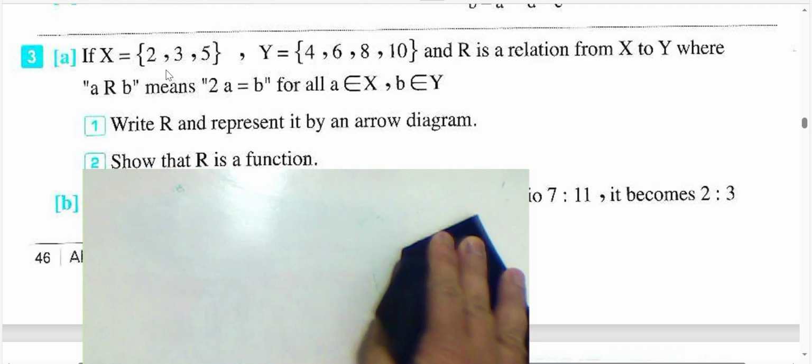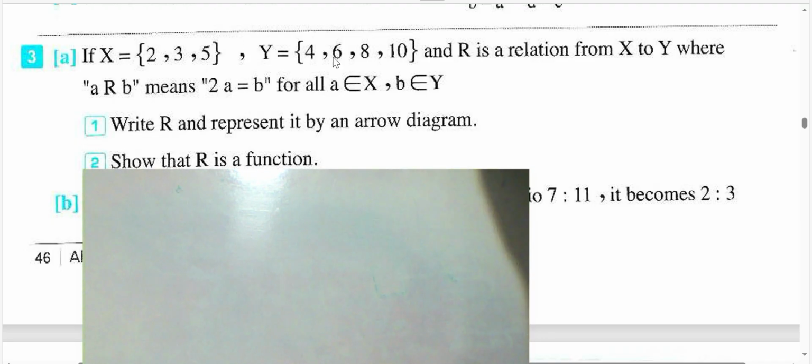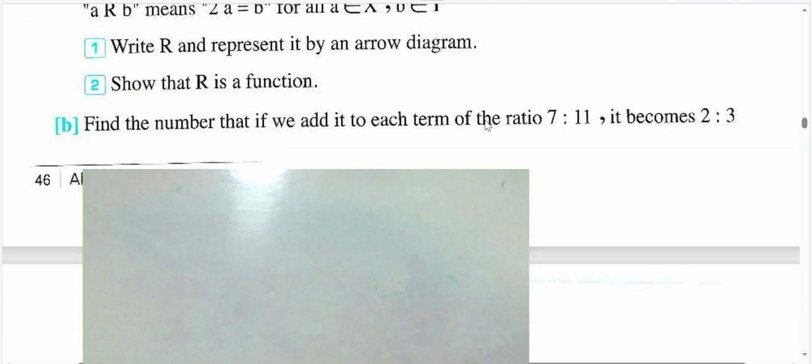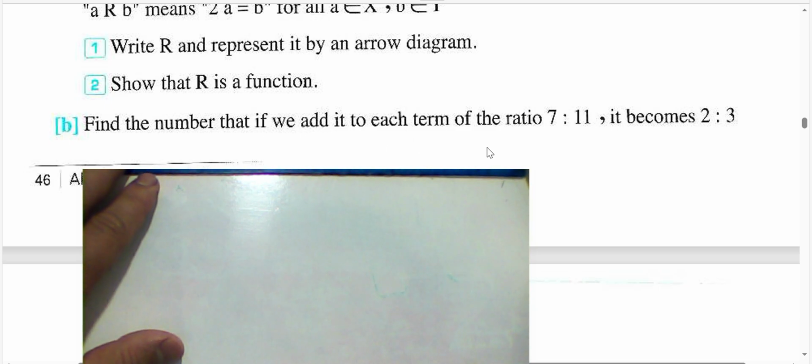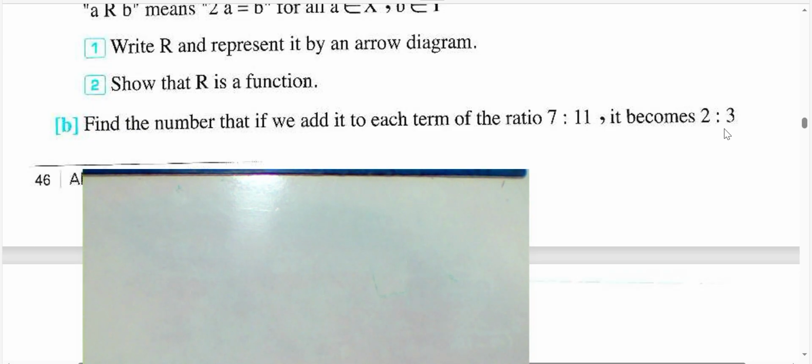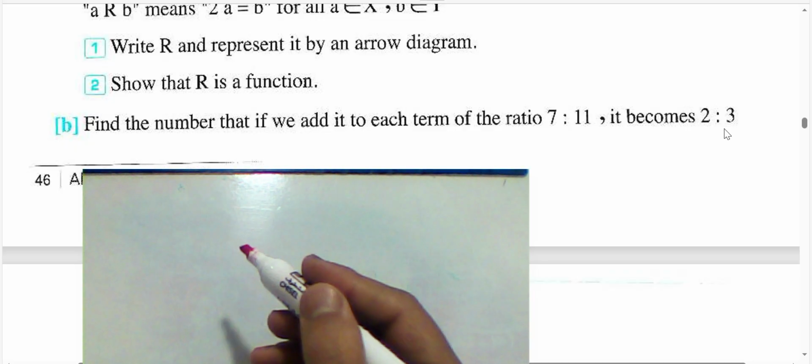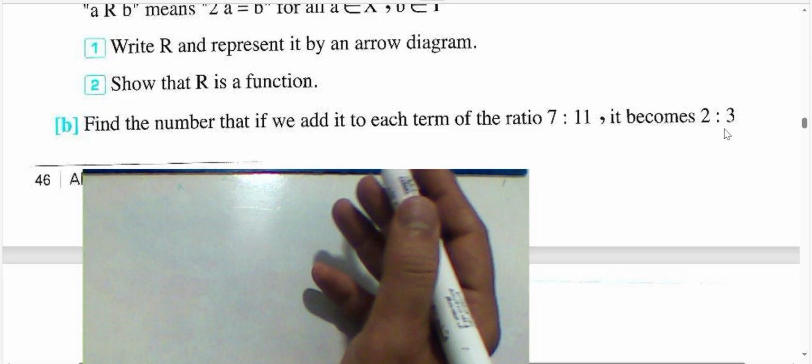Next question. Letter B: find the number that, if we add it to each term of the ratio 7 to 11, becomes 2 to 3. Let the number equal X, and we add it to the numerator and denominator, the two terms, then it becomes equal to 2 over 3.